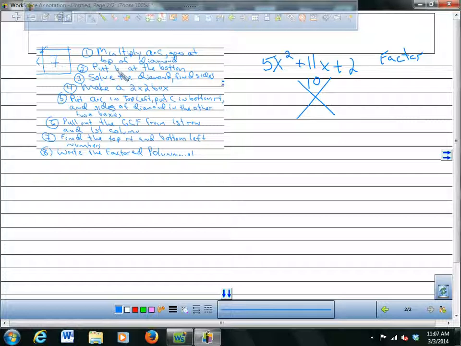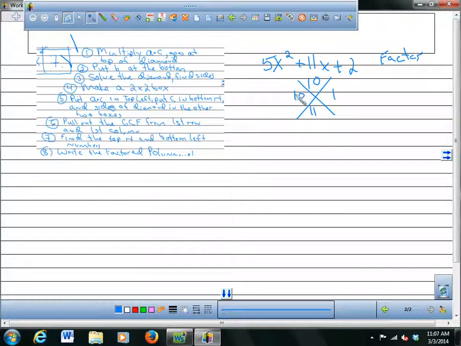What goes at the bottom? 11 goes down there. Okay, so first I've done this step, solve the diamond. 10 and 1, nice. Now, finding these sides, a lot of times if the numbers are ugly, it can take you a little bit of time. But that's the hard part, really, is finding those two sides.